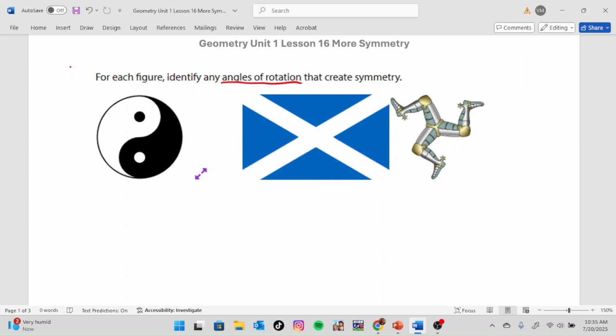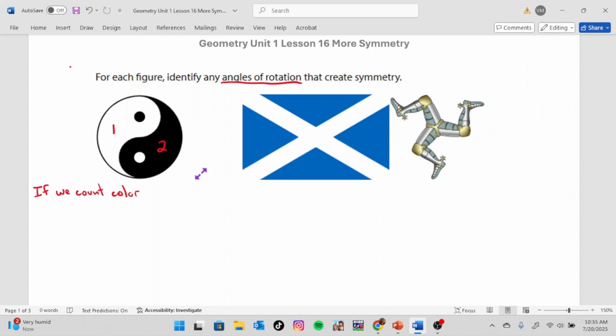So the first one is a little tricky because we have two repeating shapes. We have shape 1 and shape 2, but they're different colors. So we could answer this in two ways. If we count color, then rotating this would put the black where the white is and the white where the black is.